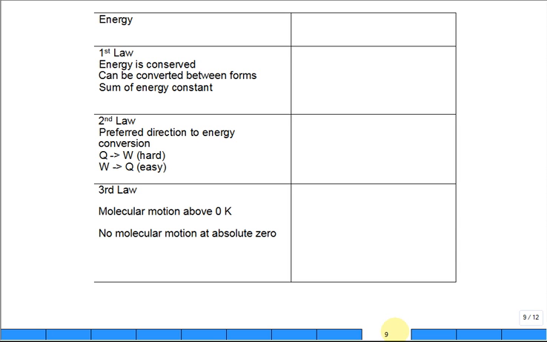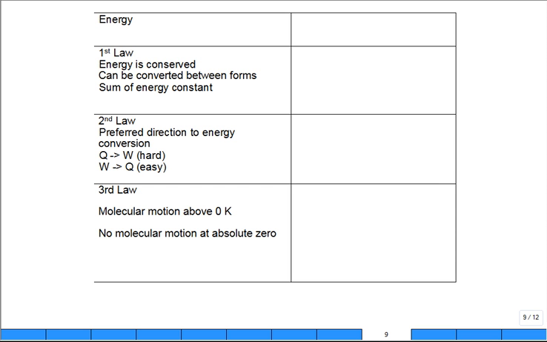True? The second law says there's a preferred direction for energy transfers. It's easy to convert work into heat. It's hard to convert heat into work. When they first did it, they thought it was impossible. If you want to lift something, get a muscle. Muscle on an animal or a muscle on a human. That's it. You don't burn something. A fire is to cook food.